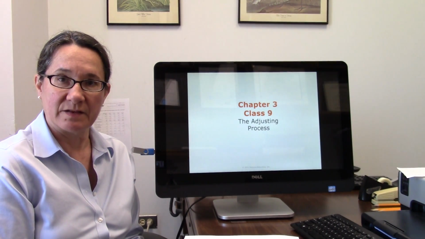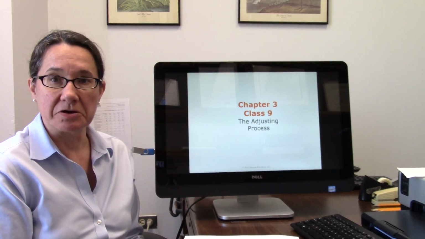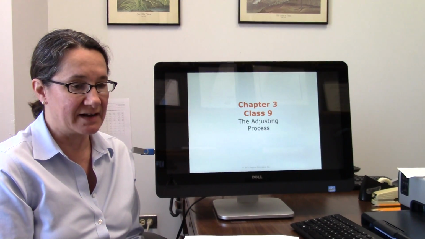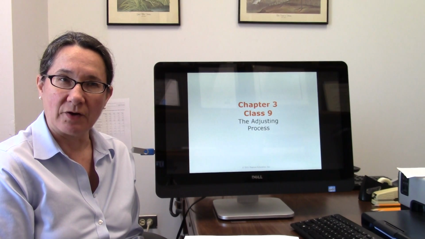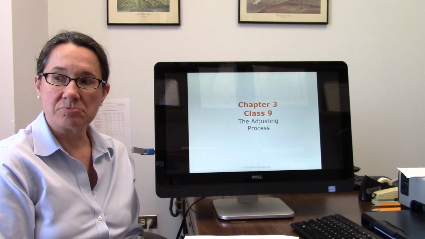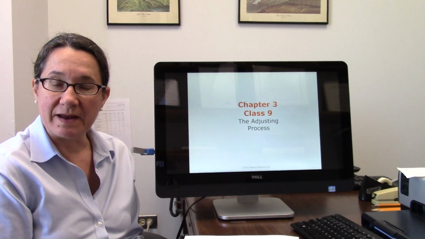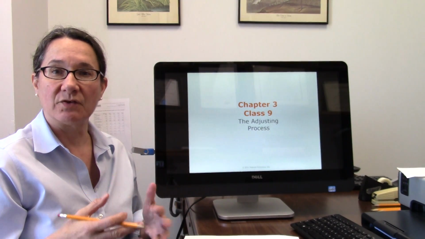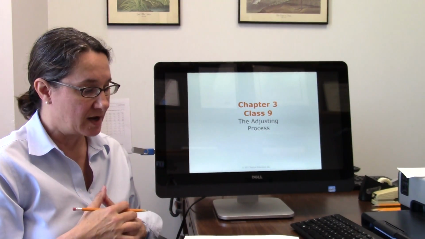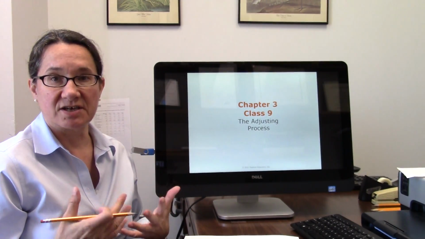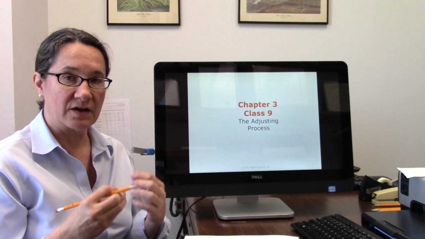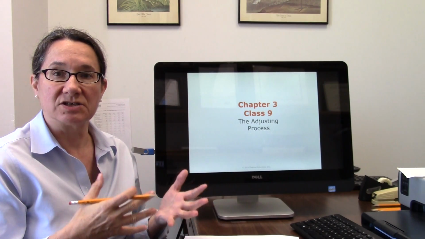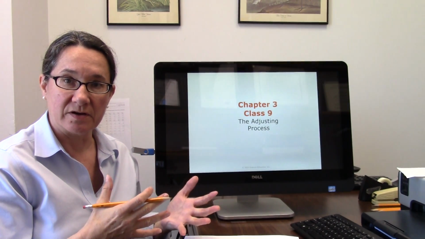Every month at the end of the month, every year at the end of the year, at the end of an accounting period, the accountant sits down and thinks about what other entries need to be made. Like, what haven't we accounted for that needs to be accounted for? And we call those adjusting entries. We're just correcting the accounting entries to reflect what actually happened during that period.